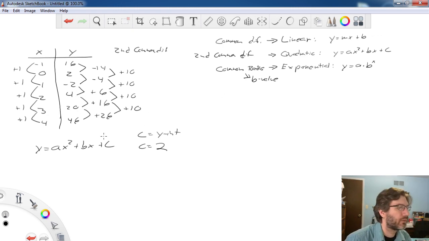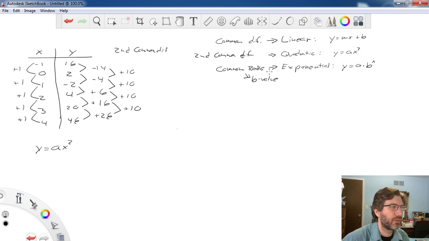Actually, I don't think it's going to, your book is only getting into ax squared, so you really only need to know for ax squared, I guess. So let's do it just for the ax squared. Let's fit it to that model. In this case, once you identify that as quadratic, you just plug in to solve for a. So that's not too difficult here.